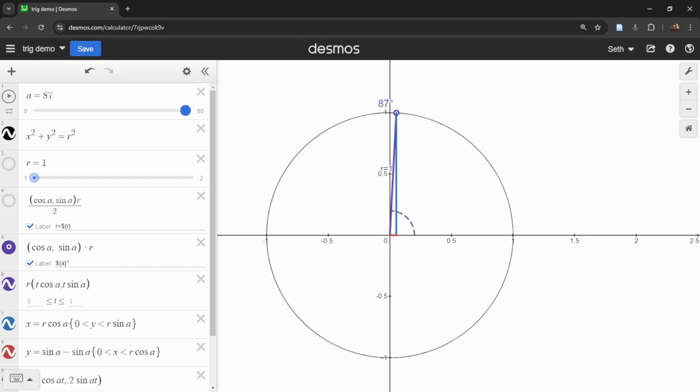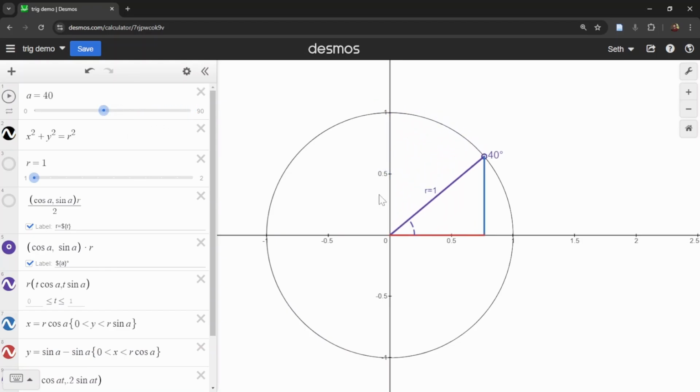I'm just going to bring it to this angle because I frankly didn't feel like trying to figure out how to make it go all the way around for this visualization. But here, sine is now 1 and cosine is 0, because the vertical distance from the x-axis is 1, and the horizontal distance from the y-axis is 0. So that's what we're doing.